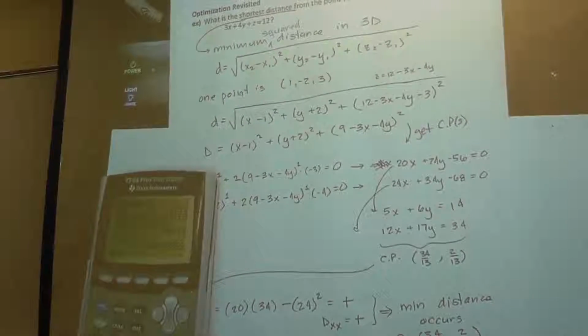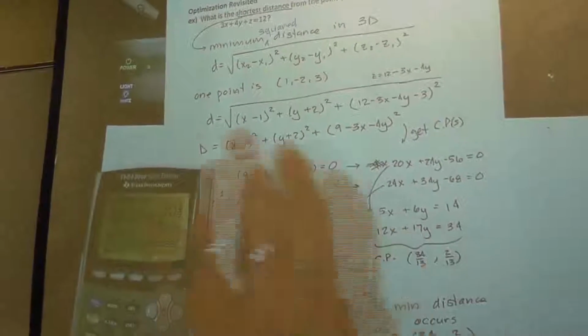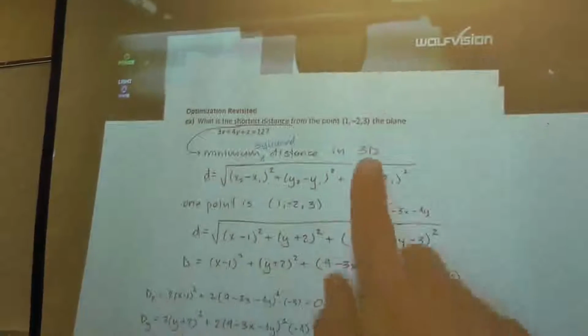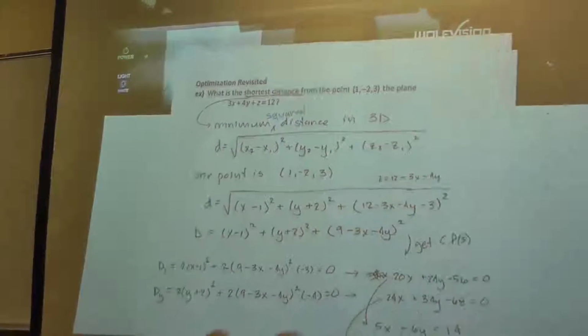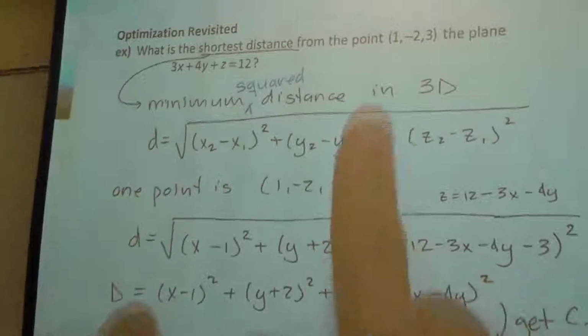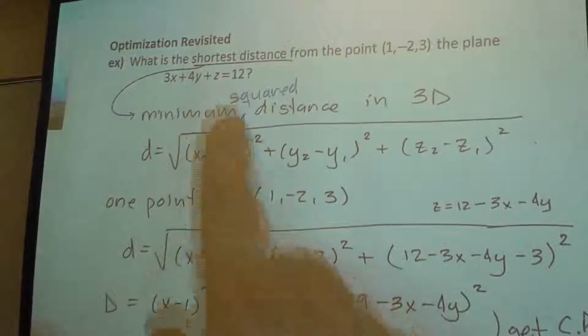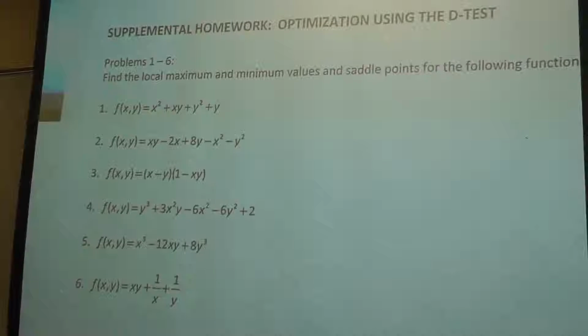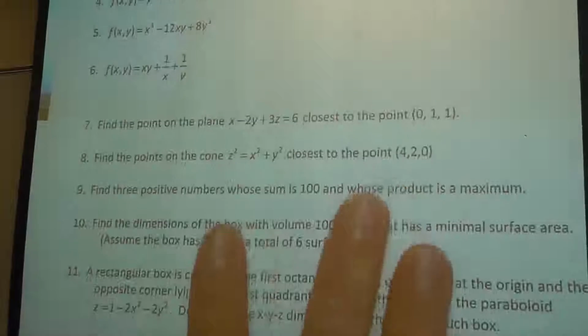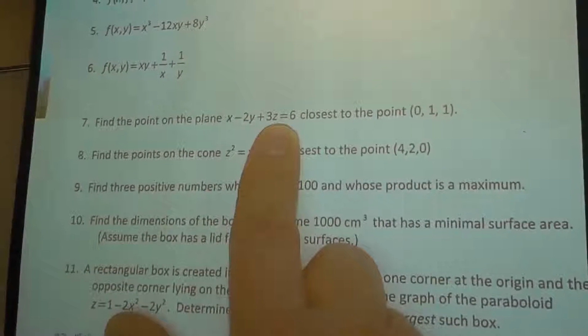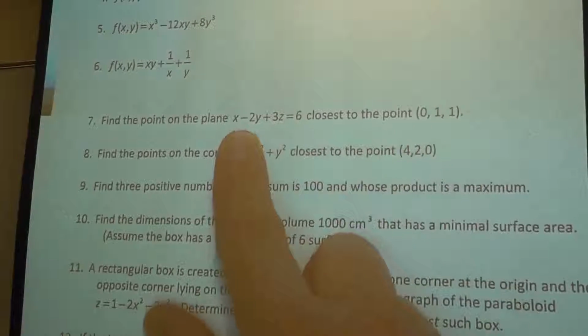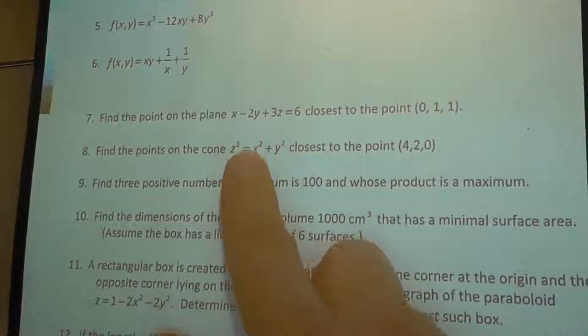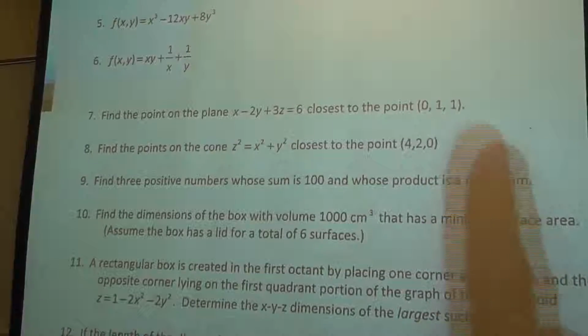So any problem where you're prompted to find a minimum distance, you're going to have to be given a fixed point in space, and in most cases it's the fixed point and its minimum distance to some kind of surface. The problem I've got here on the back page is a similar one. What point on this plane is closest to that one? In this case, you're not really trying to find the minimum distance. You're trying to find the point on the plane surface that's closest to this.